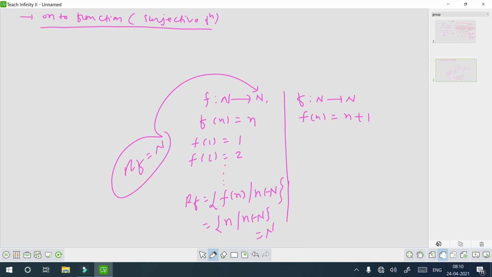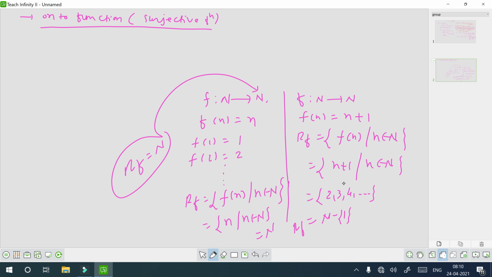Now consider f from N to N, f of n is equal to n plus 1. Here the range of f is equal to f of n such that n belongs to N. What is f of n? n plus 1, n belongs to N. So that comes out 2, 3, 4 likewise, and that is the set of all natural numbers except 1. This is the range of f.